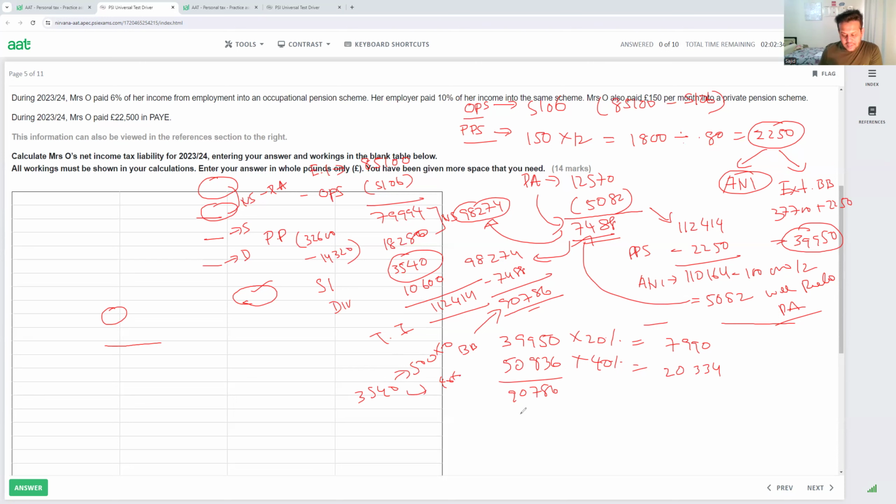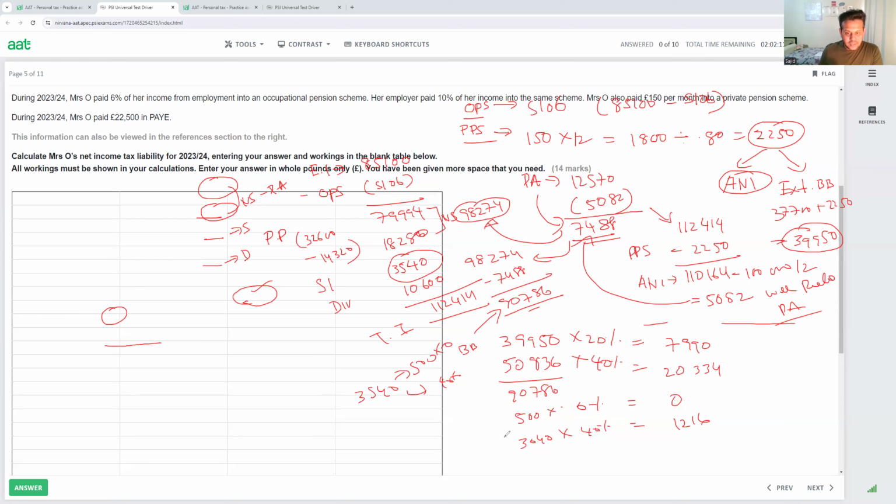So 500 is zero rated, that's 0. And the rest, 3,040, will be 40%. So 3,040 multiply 40%, that is 1,216.